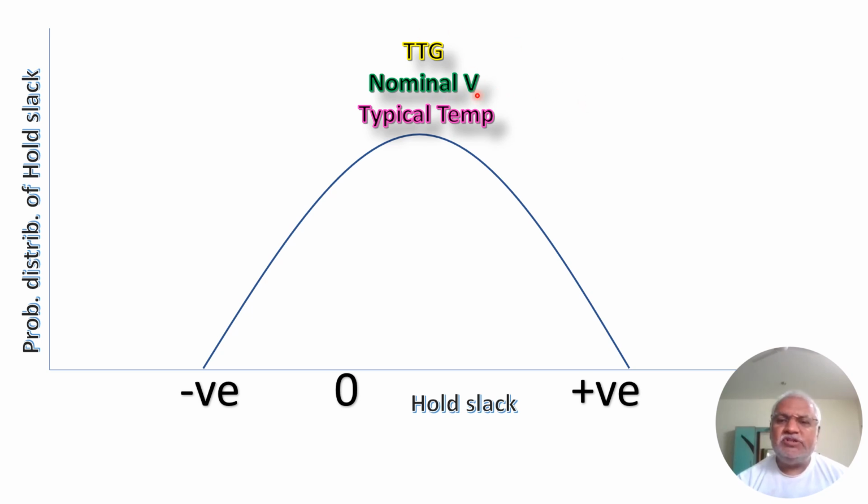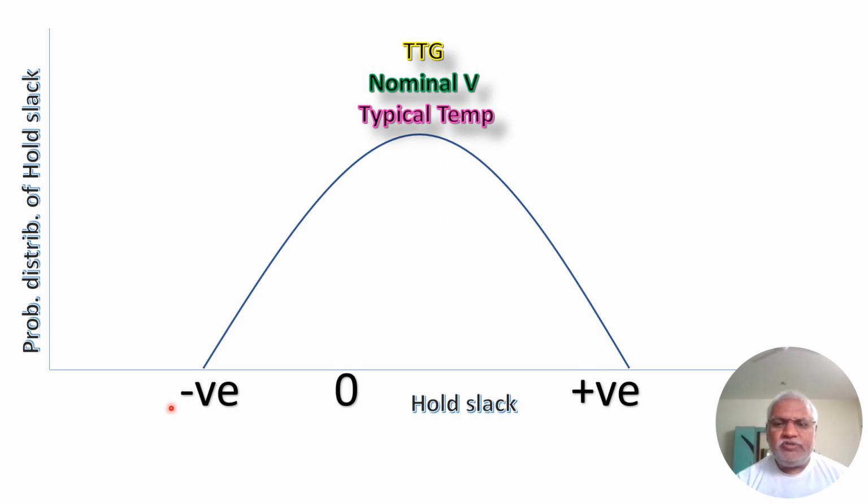Why does it change? Because of scaling. We want to ensure that gate oxides won't break down. The nominal voltage at 140 nanometer is close to 1.6 or 1.8 volts, and at 60 nanometer and below, the nominal voltage comes down drastically.